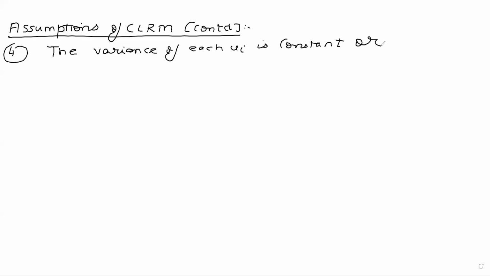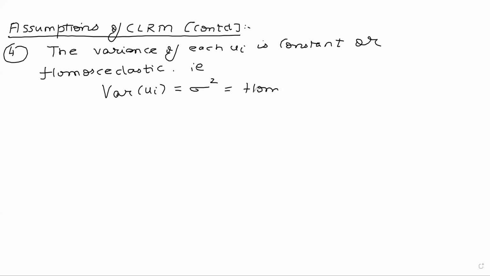Or if you all can recall, the term which we had used was homoscedastic. If you all can recall my lectures on linear regression, we had made the assumption that variance of ui will always be the same. Variance of ui is equal to sigma square, which is also called the homoscedastic variance.